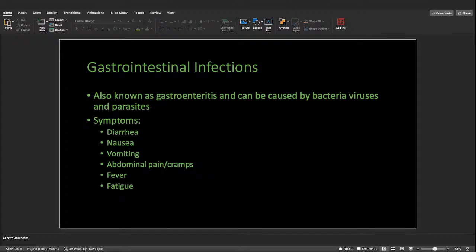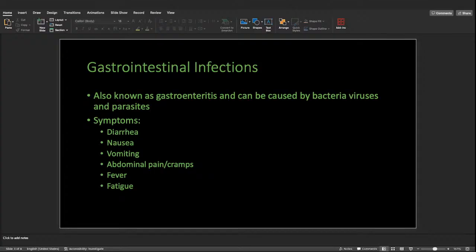Gastrointestinal infection is a broad term, but in this presentation, I'm just going to specifically talk about one part of the infection. In future presentations, we'll probably look at the other types of infections that might occur in the gastrointestinal tract. So let's take a look at how H. pylori works and how that's treated.